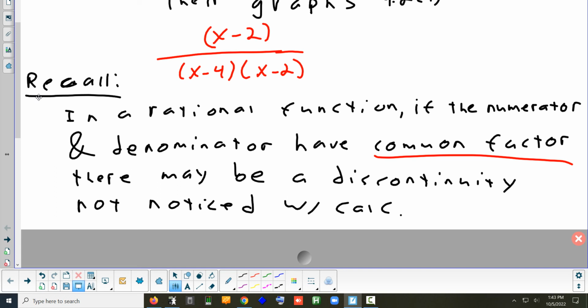So at 2, you're not going to notice anything on the graph. It's just going to be a very, very small hole. And you can keep zooming in. You'll never see it. The only way you know it's there is if you look at this equation. So the only vertical asymptote in that problem is 4. That's it. Just the 4. So asking you what the vertical asymptotes are and asking you what the domain is are two different questions.